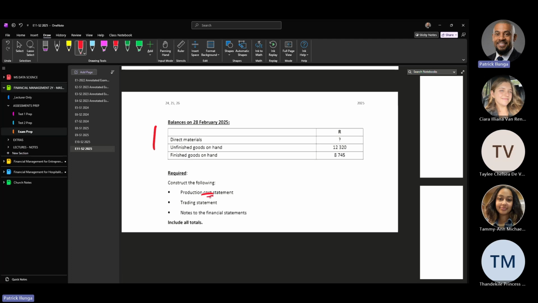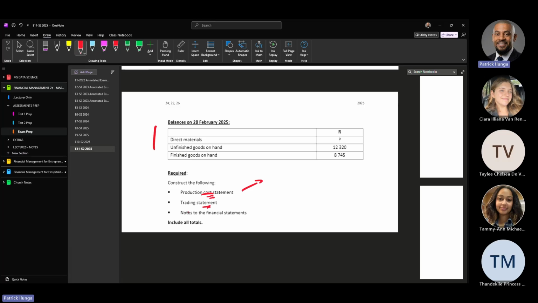The production cost statement, the trading statement. Easy. If you know your theory, you know, oh, this is easy because I know I need the 3 musketeers here. For the product cost statement, I need the 3 musketeers. For the trading statement, I only need 2 things. What do I need?